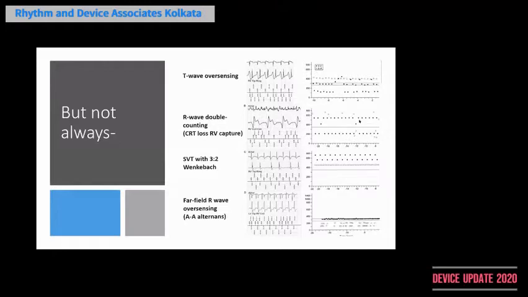For example, you want to use something called the HOT-CRT, where you use a His lead for sensing in the RV, and for defibrillation you want to put a lead which has coils, a defibrillating lead in the RV. So you cannot have the same lead doing both the work. There you need a DF1, where you can split the pace sense lead, which can be the His lead, and the defib lead can be different.